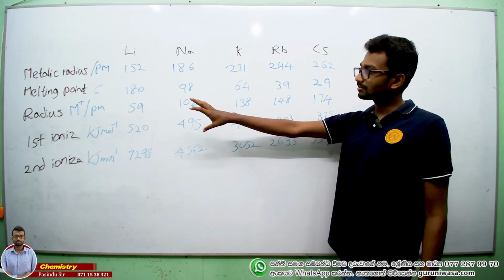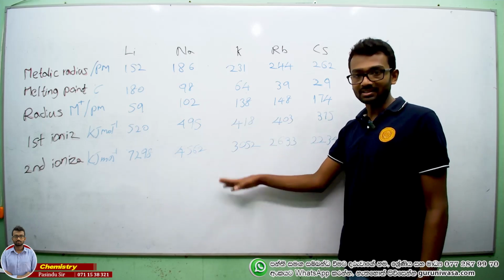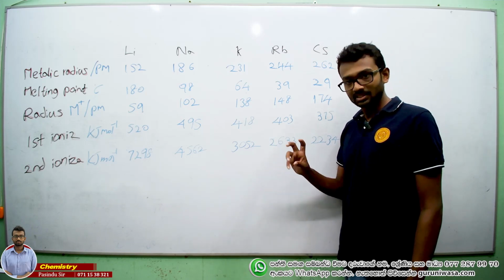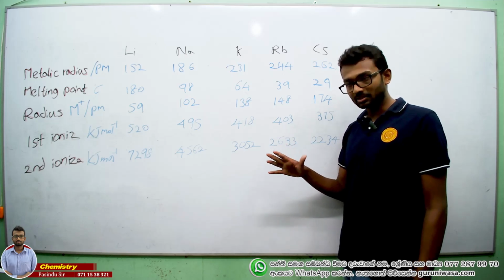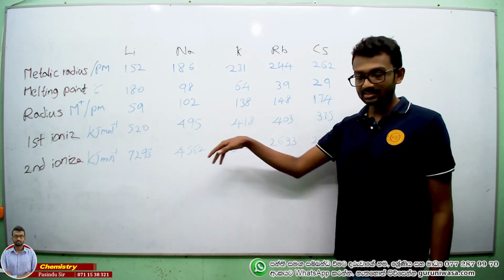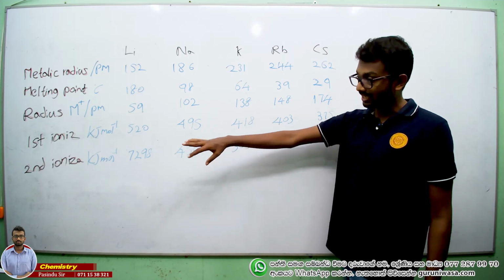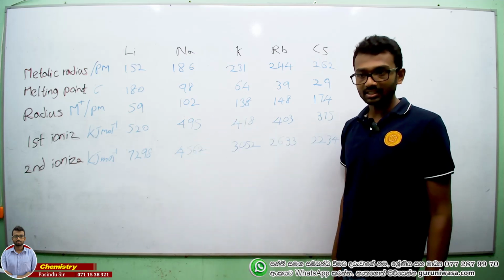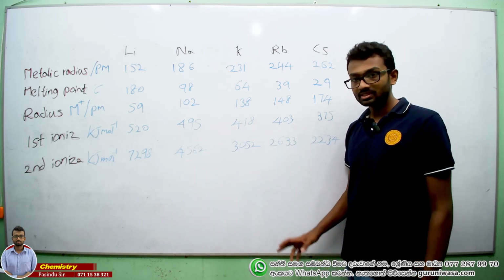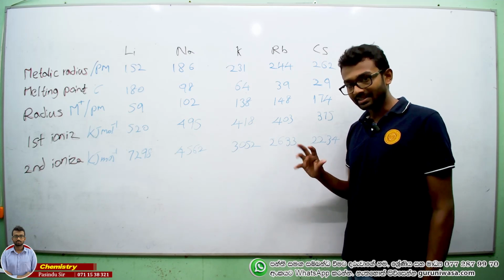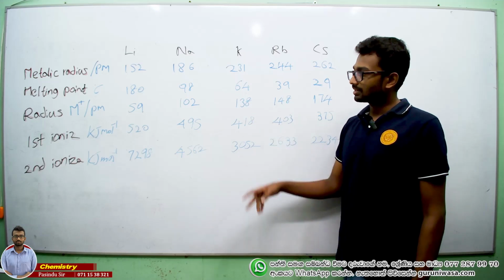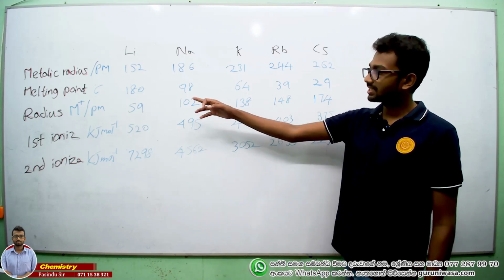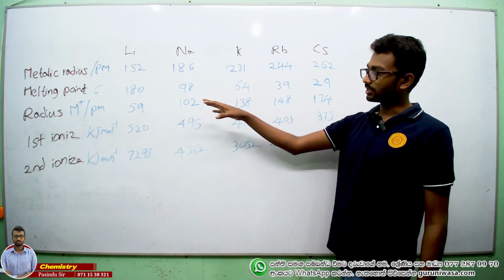Group 1 cannot make more than 1 plus. It's hard to form 2 plus or 3 plus. The second ionization energy is very high compared with the first one. Therefore they cannot have those kinds of ions, so their metallic structure is weak. That's why they have lower melting points.